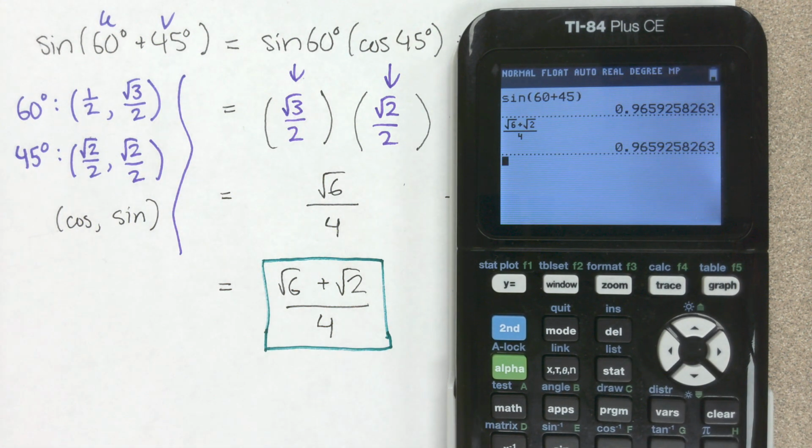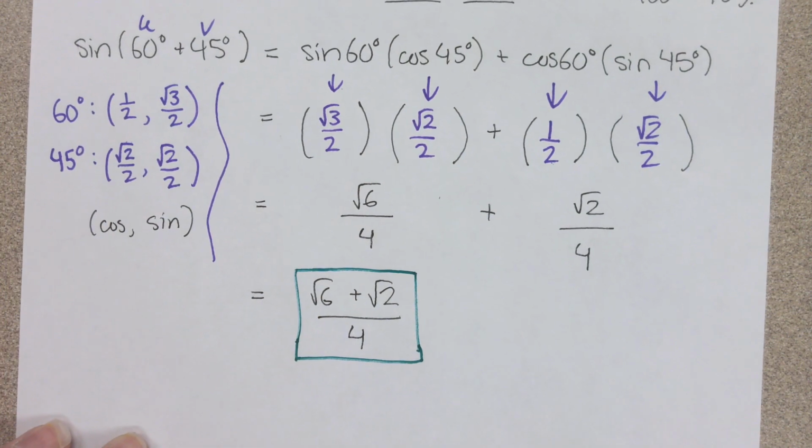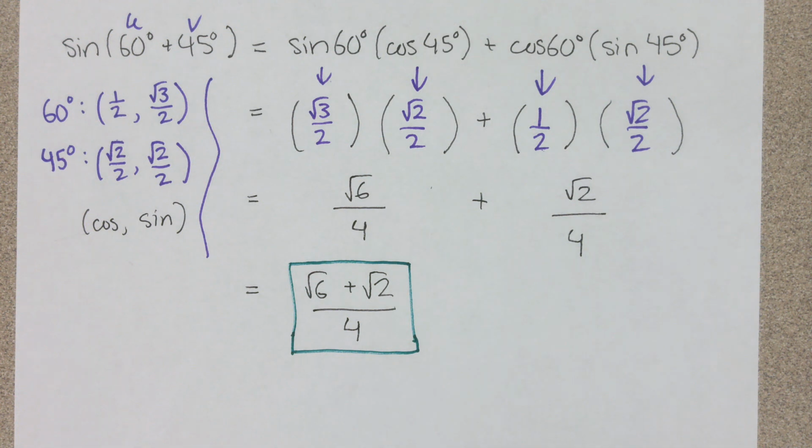There you have it. So you will know for sure if your answer is right or if it's wrong, and you need to go back and fix the mistake you have made. That's the process. Any questions over this first problem?